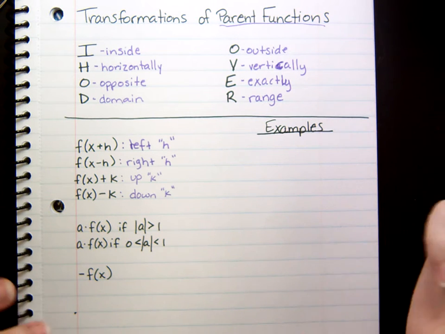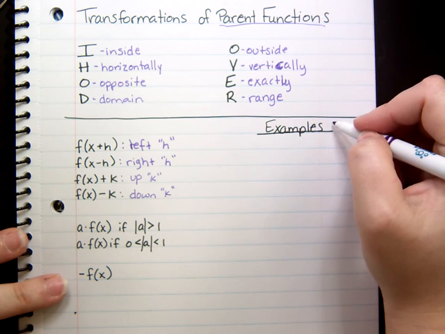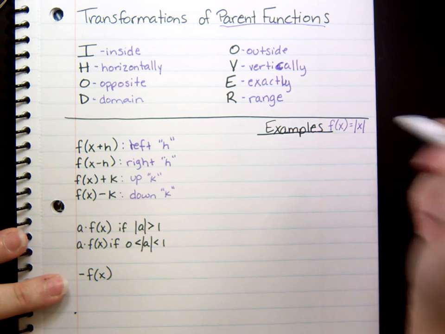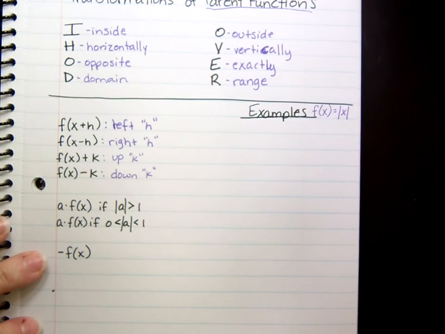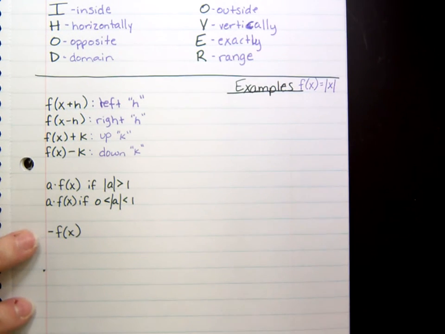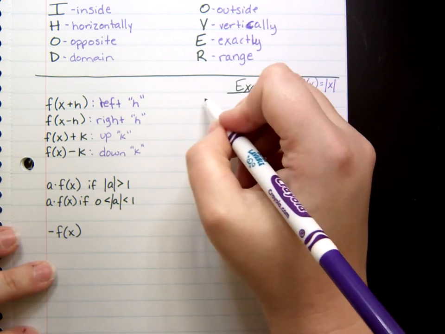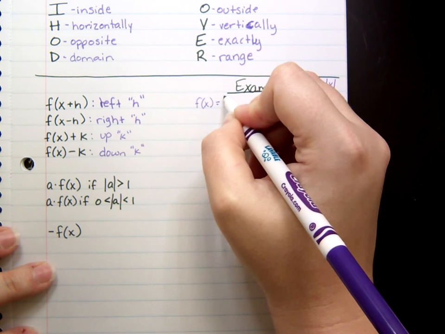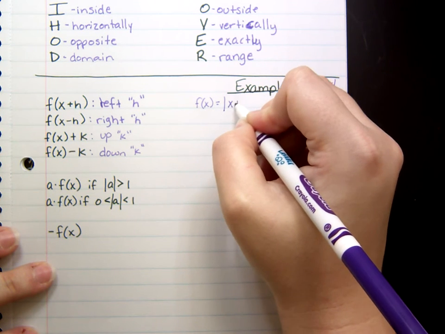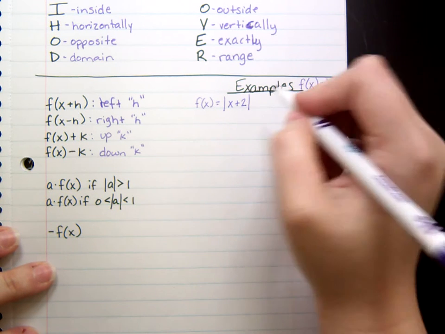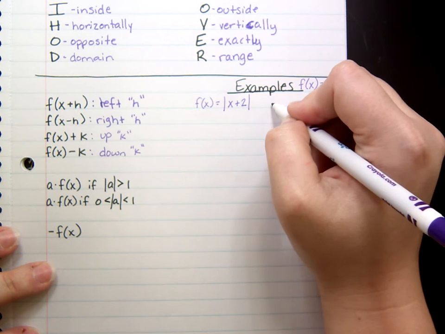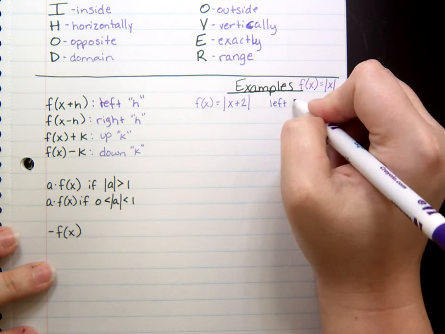So looking at some examples of these, I'm going to take absolute values for example. The parent function of an absolute value is absolute value of x. So these transformations on an absolute value graph might look like this. If I had f of x equals absolute value of x plus 2, this would mean that the parent function, absolute value of x, was moved left 2 places.